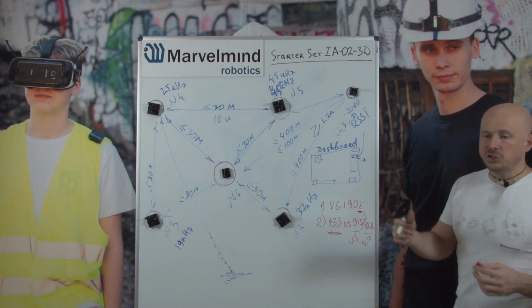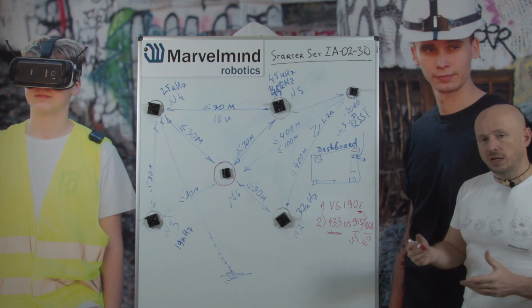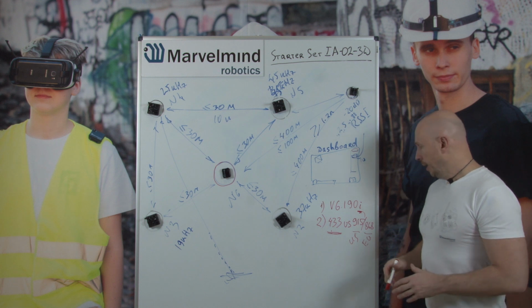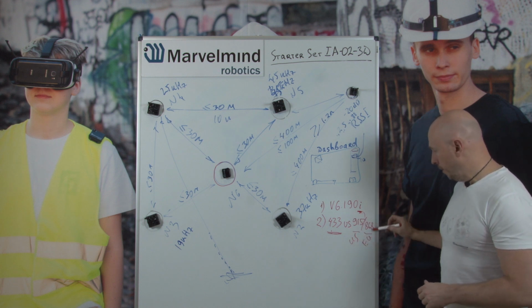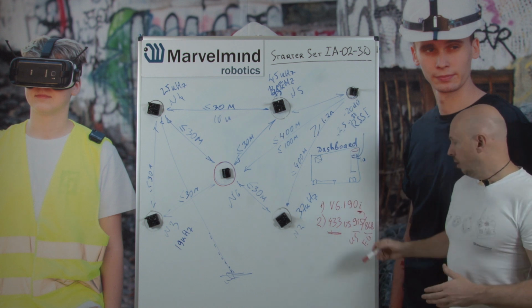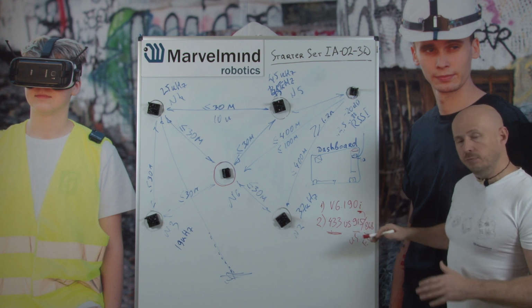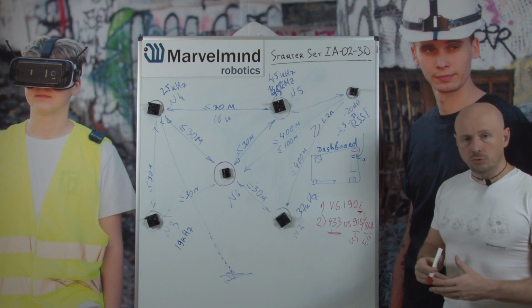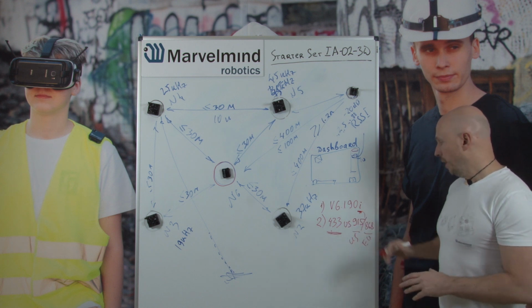For bands for other countries, please check with your regulators. We received many questions, and the answer is the same: always check with your regulators. Japan, Korea, they do have bands in this range, but once again, check with your regulators. We will be able to help and answer you, but nevertheless, remember this.